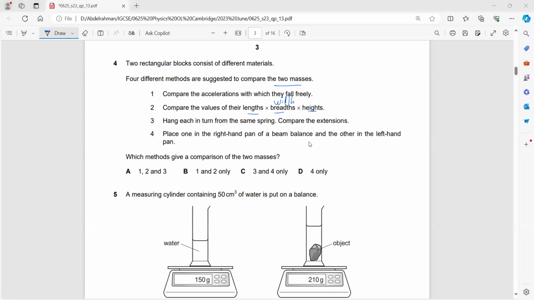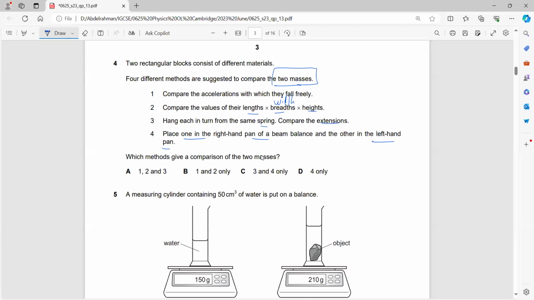Three, hang each in turn from a spring and compare the extensions. Four, place one in the right-hand pan and the other in the left-hand pan. Which of these methods could compare the masses correctly?